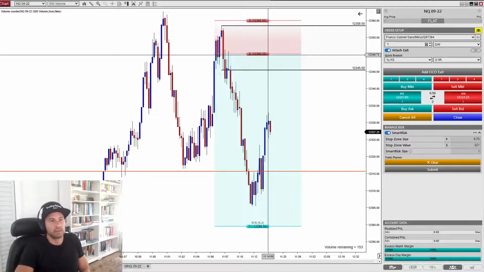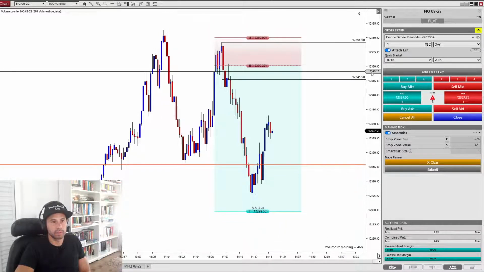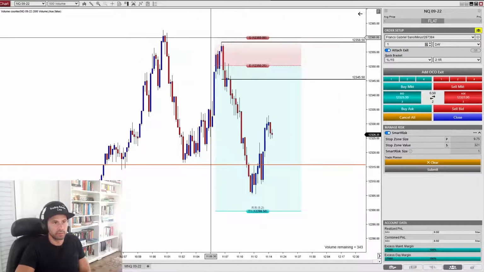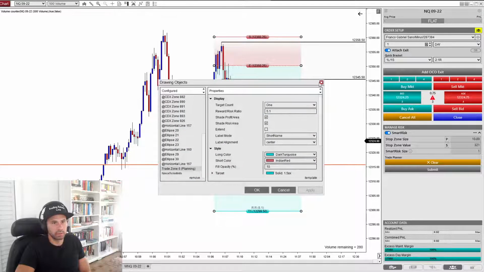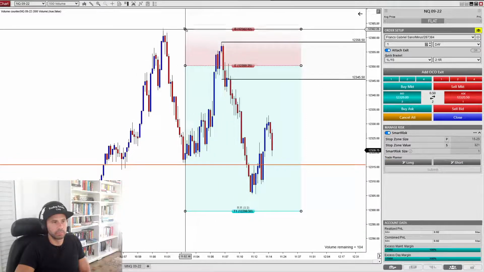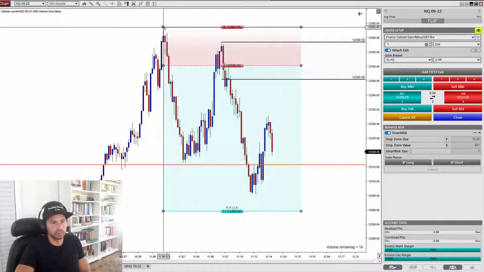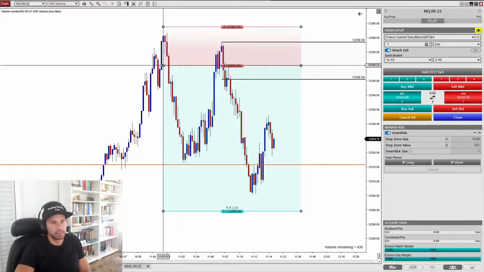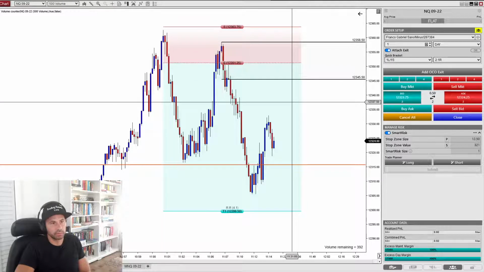Again, my entry point is 12,350 one quarter. I'm going to risk 10 points on this. I could actually, but my risk and reward ratio is going to be screwed. This is what I'm going to do. There we go.